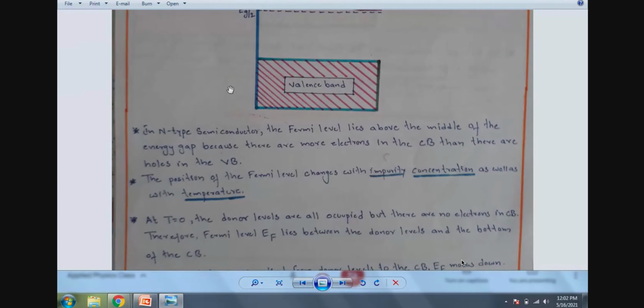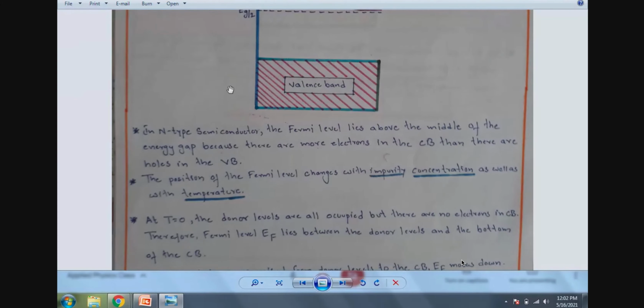Now let us find the carrier concentration of electrons in the conduction band of an n-type semiconductor. For that, I have chosen the same diagram. For understanding purposes, you have a donor energy level where the electrons are completely occupied at 0 Kelvin. If the temperature increases further, slowly these electrons go to the conduction band and create some positive immobile donor ions.